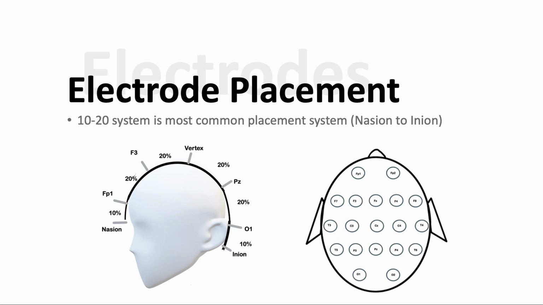Now this obviously changes in terms of the exact distances depending on the circumference of a given head. That's why percentages are utilized, because otherwise the scalp circumference would be too different on each person to have a standardized system. Just keep this in the back of your minds. This is the standard way electrodes are placed. There are some other systems used, particularly with high density electrode arrays, but this is by far and away the most common.